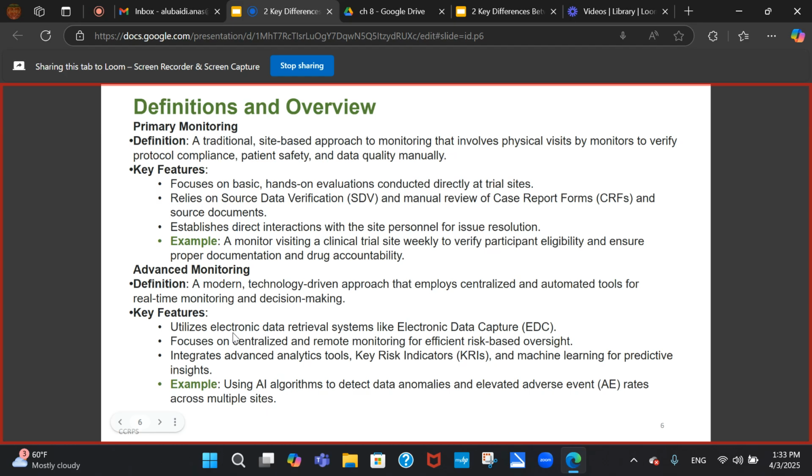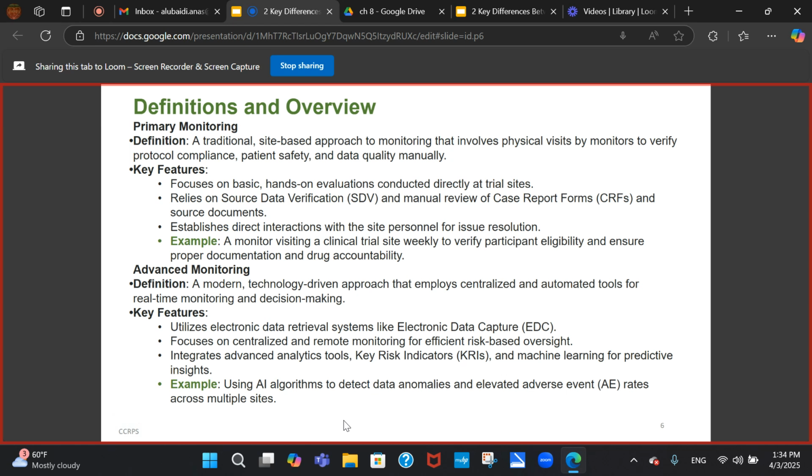An example of advanced monitoring: using AI, artificial intelligence algorithms, to detect data anomalies and elevated adverse events, AEs, or AE rates across multiple sites.